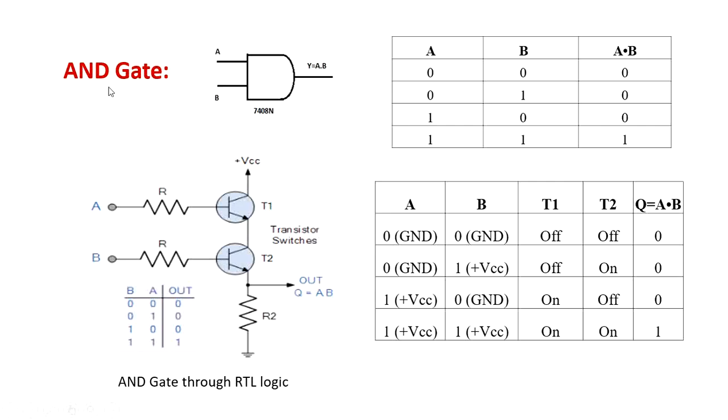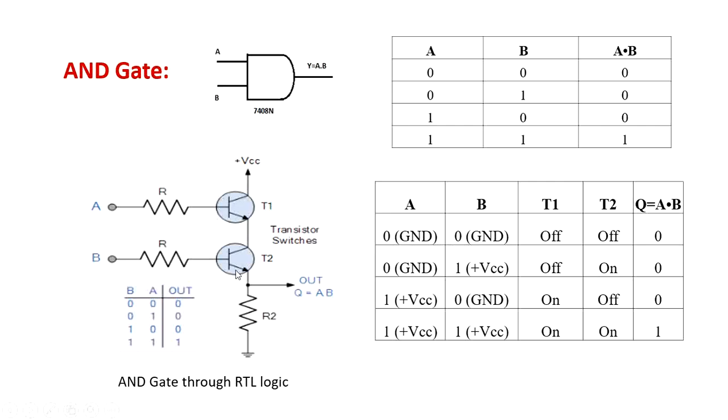For the AND gate, we know this is the logic symbol, this is the truth table. We can make this AND gate using two transistors and these resistors, T1 and T2. Now let's take the first case, 0 0.